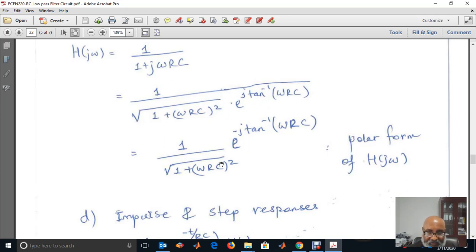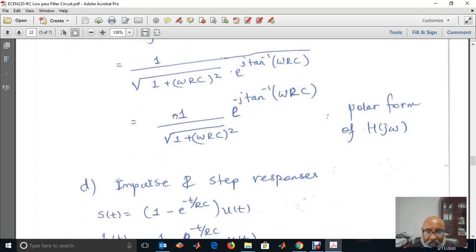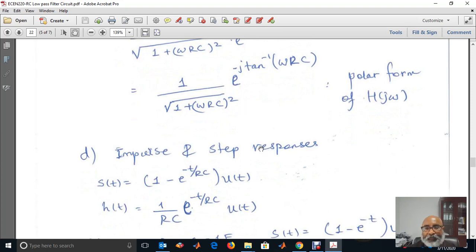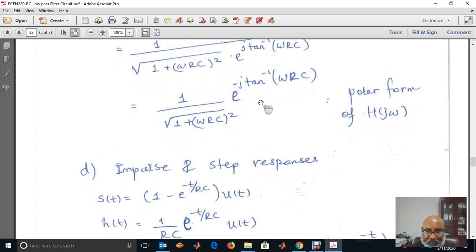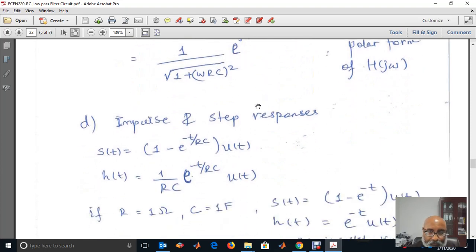Then when it goes up, the positive will become negative. So this is the polar form of the frequency response. This part we call the magnitude of the frequency response, and this part, minus tan inverse of omega RC, is the phase of the frequency response.